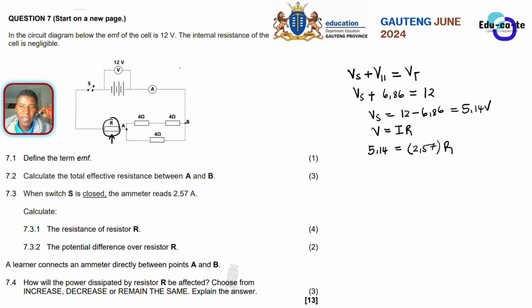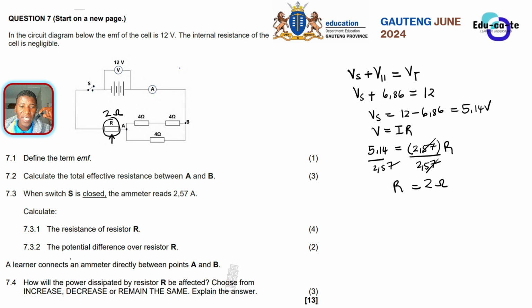We're looking for the resistance, so we divide both sides by 2.57. This and this cancel off, and R will have 5.14 over 2.57, which is exactly 2 ohms. So resistor R has a resistance of 2 ohms.